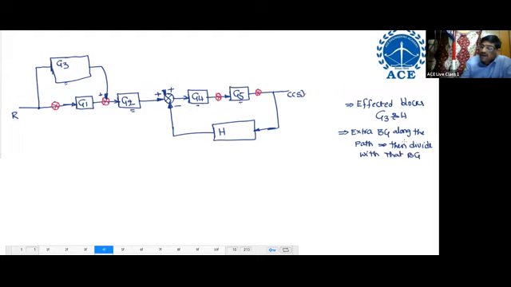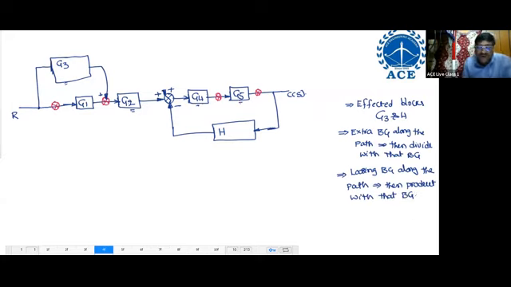Whatever the extra block gain is, that should be divided. In case of any block gain missing, or losing a block gain along the path, then take the product with that block gain, or multiply with that block gain.